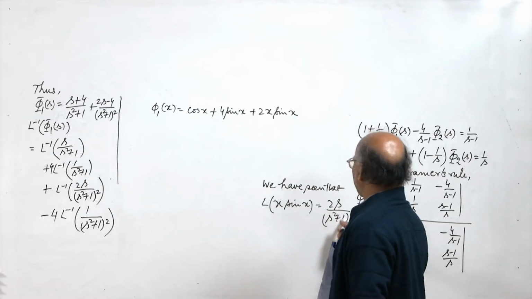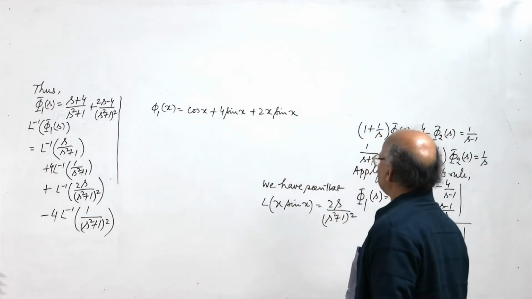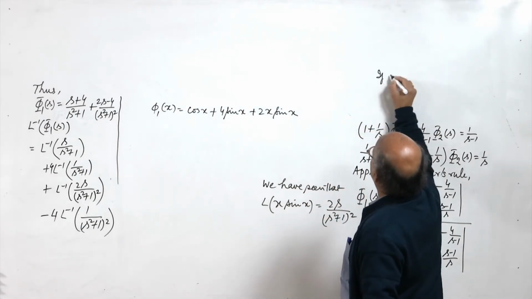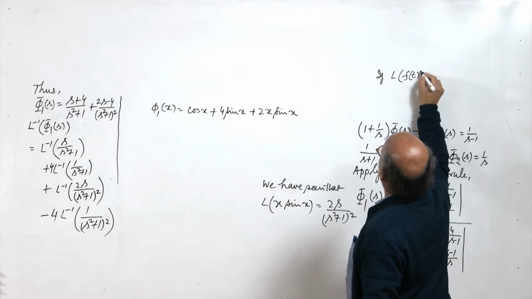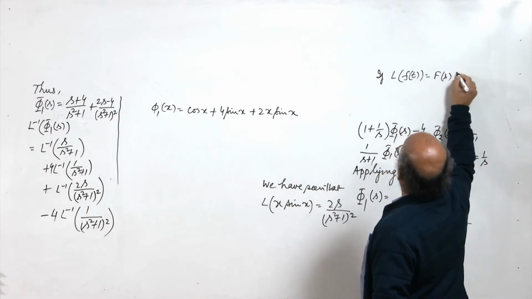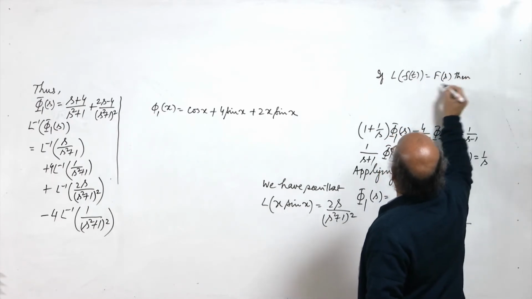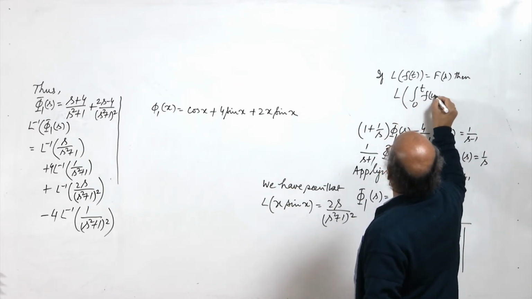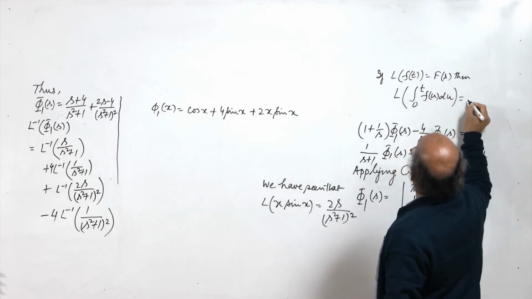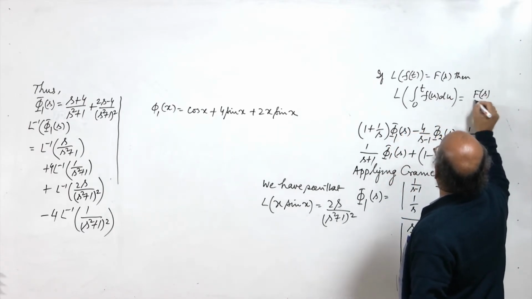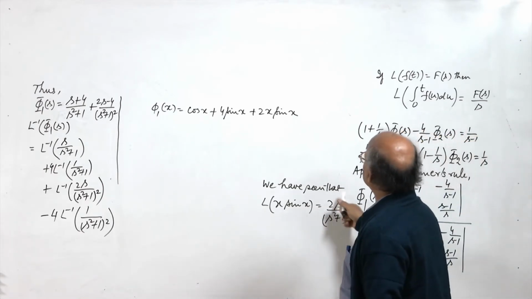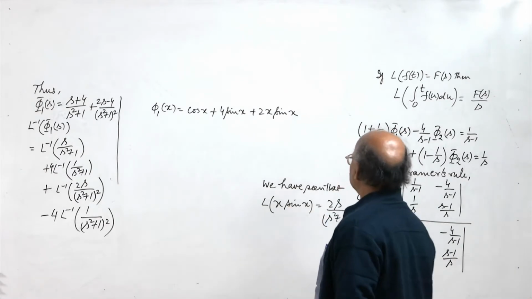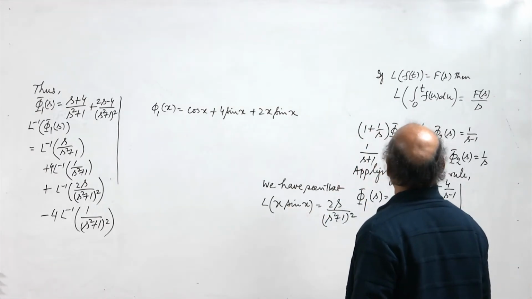So we have to find a formula which divides the Laplace transform of a function by s. If L of f t is equal to f s, then Laplace transform of integral 0 to t f u du is equal to f s by s. So if you want to divide this function of s by s, you need to integrate this function x sin x over the interval 0 to t.